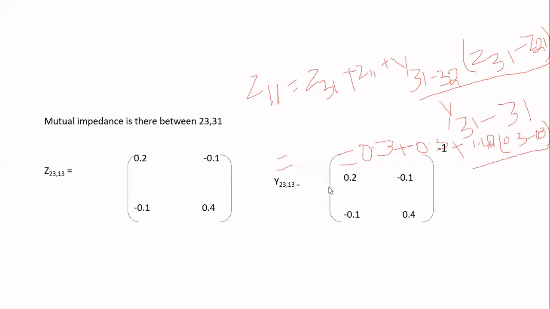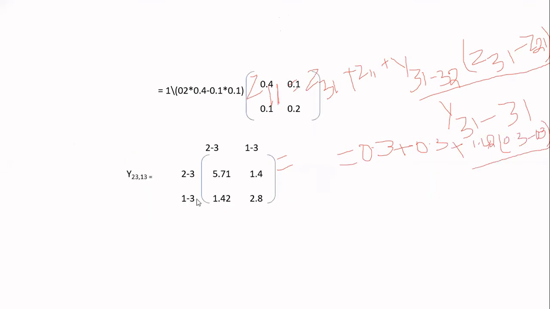What is that? 2.8 by 2.8 by 2.8. This is the value for Z1L or ZL1. After calculating this value, we obtain Z1L or ZL1.